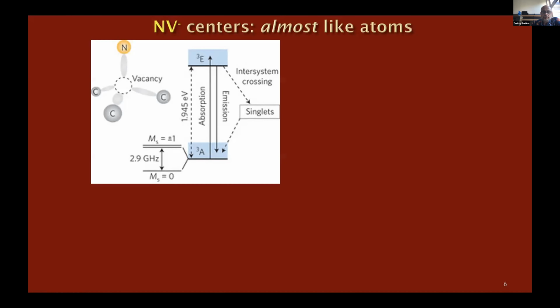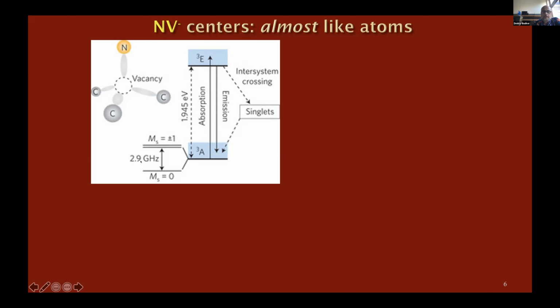Due to this kind of symmetry, it's not exactly isotropic space here. So this symmetry allows you the ms equal to 0, the 0 projection on the NV axis, to be split out of plus minus 1 projections, but these ones are sensitive to the magnetic field.